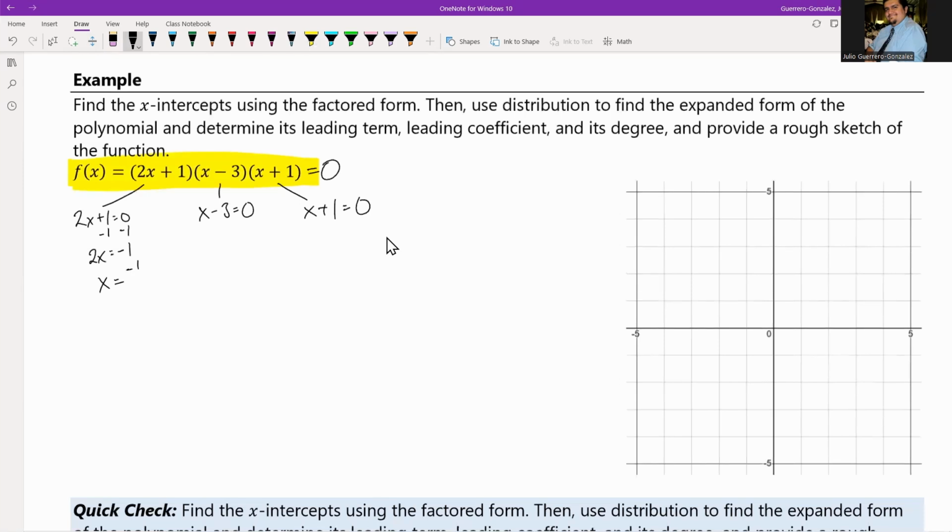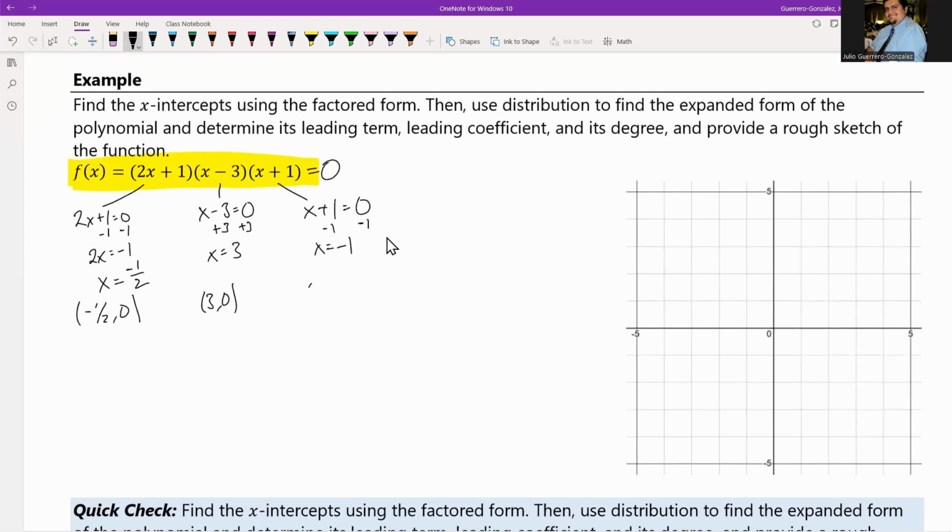Minus 1, 2x is equal to minus 1. x is equal to minus 1/2. Okay? Next one. Plus 3, x is equal to 3. Minus 1, x is equal to minus 1. So, one x-intercept is going to be (-1/2, 0). Another one's going to be (3, 0).